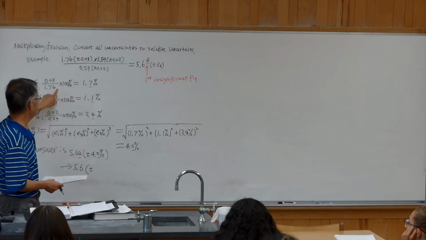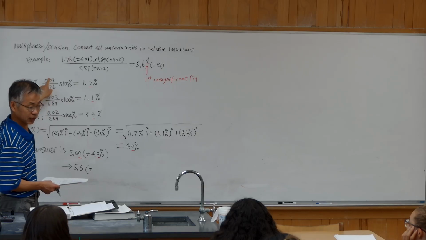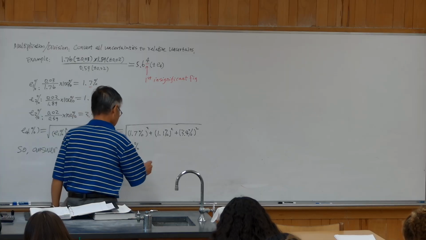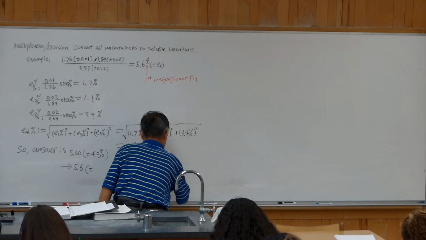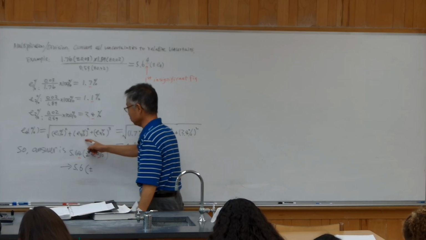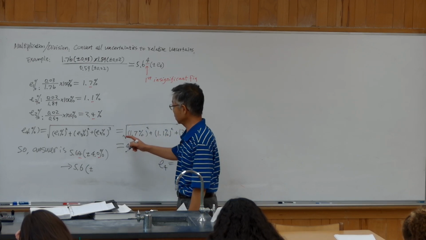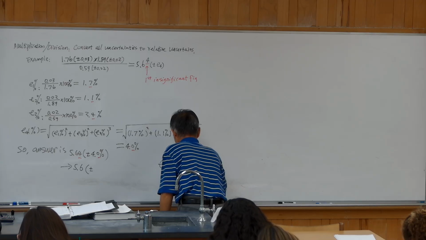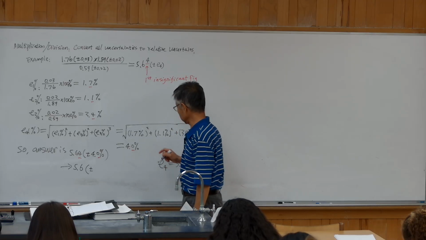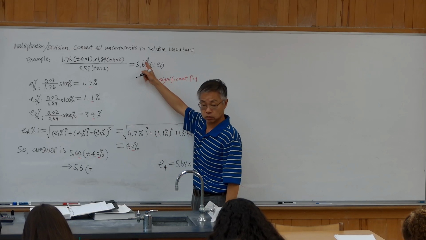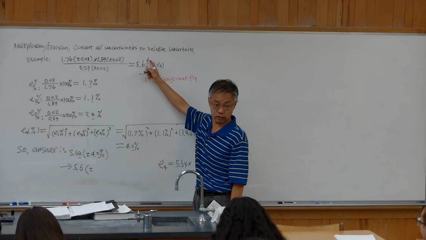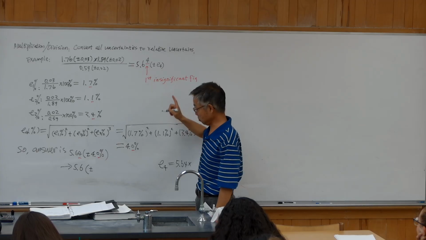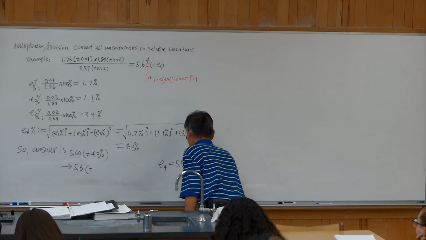Then relative times the value gives back the absolute error. So instead of percent of E4, your answer is 5.64 times, again, this is 5.64. We still keep this extra digit because this is not a final answer. Times this percent error. Percent error is 4.0%, right?